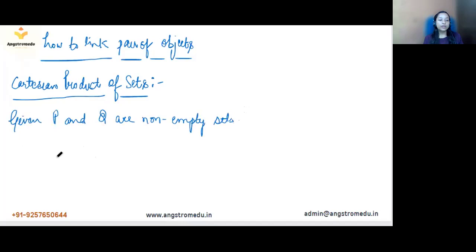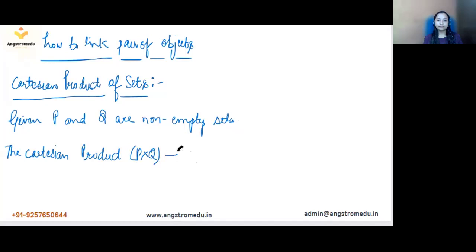Okay. So the Cartesian product, first, how we represent it, is it represented by P cross Q? What is it?